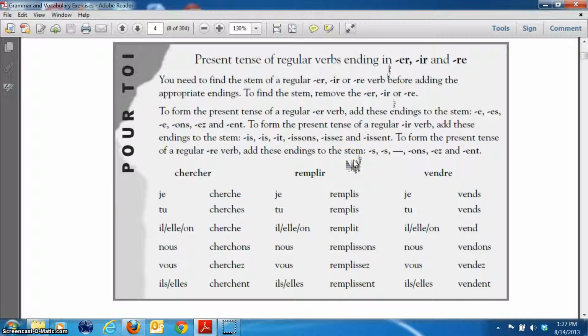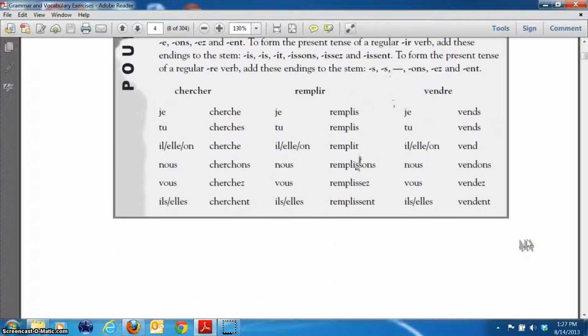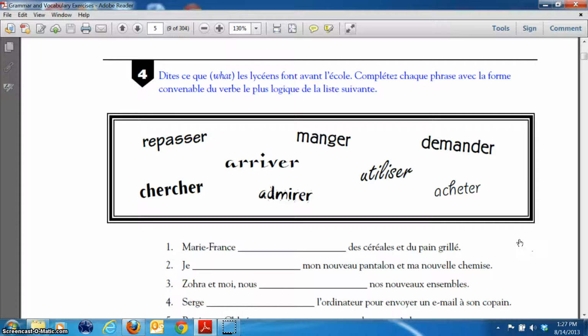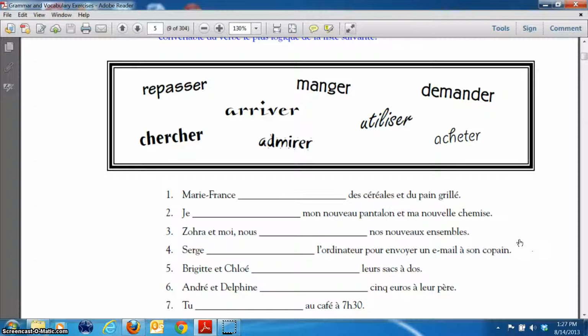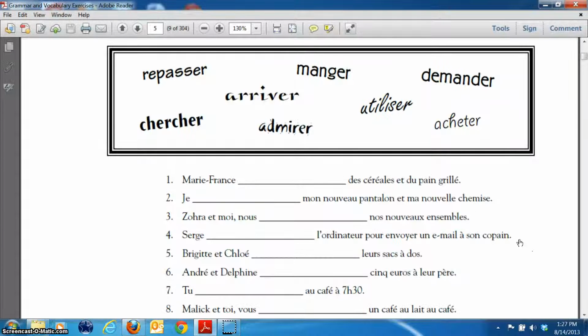Okay? All right, let's see if you can try the next part here. So here we have a few examples of ER verbs, what is going to fit in the sentence. Here we have Marie-France. It's a hyphenated name. You see it's a hyphen, so it's one girl here. So we need to change the verb, and we have to pick something that makes sense with the sentence. So Marie-France, and we have des céréales et du pain grillé.